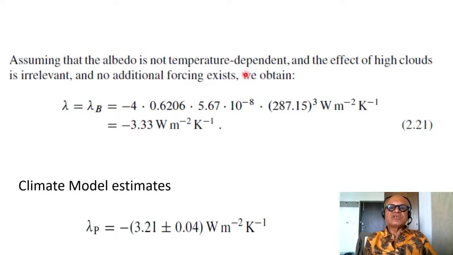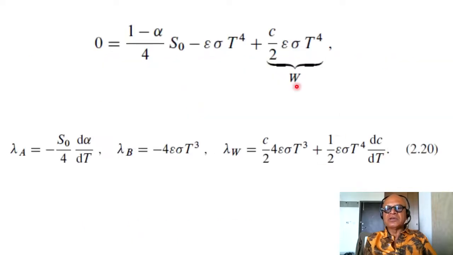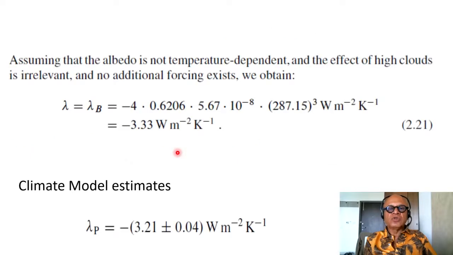Assuming that the albedo is not temperature dependent, the effect of high clouds is irrelevant, and no additional forcing exists, we can simplify the feedbacks to get the long wave feedback by plugging in the numbers here, to be minus 3.33 watts per meter square per Kelvin.